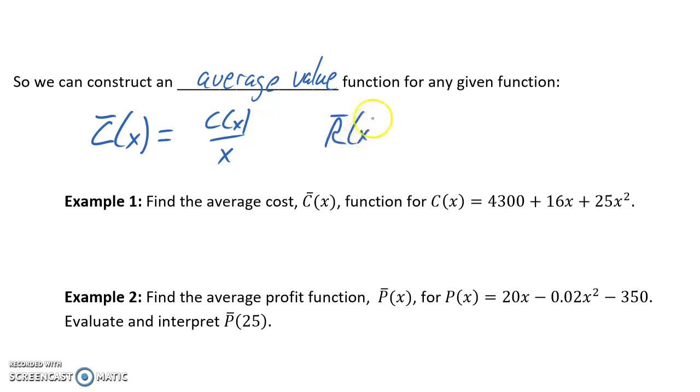Similarly, R bar of x, so our average revenue function, would be R of x over x. And we could also do the same thing with our profit function. P bar would be P of x over x. And in each case, what we're doing is finding the average cost per item at a production level of x units.